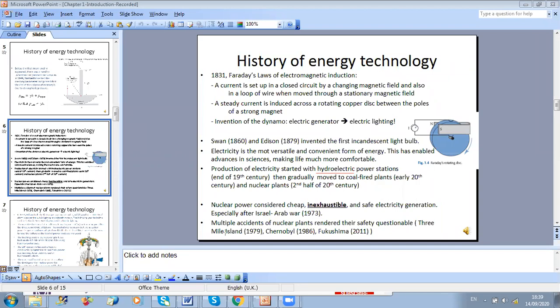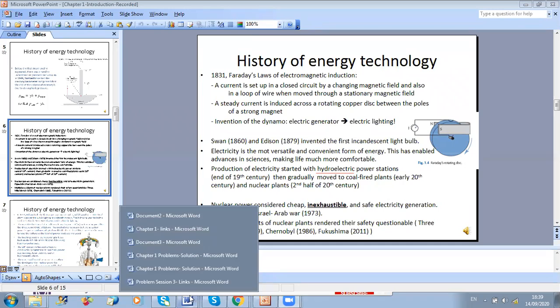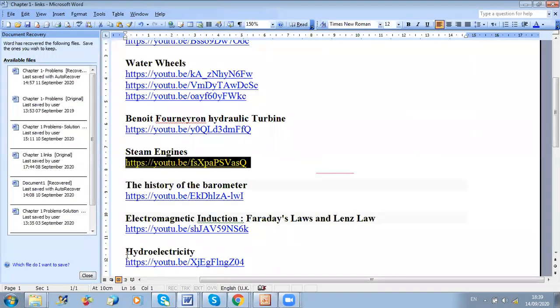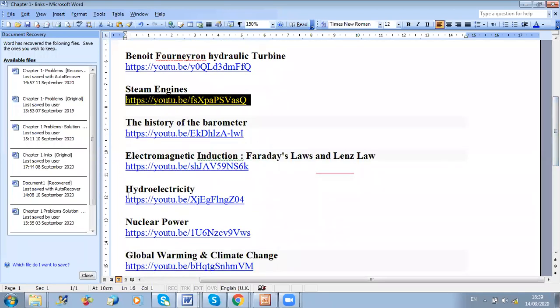We will see together how nuclear power mainly functions, and also how hydroelectric power stations function. So let us look first at hydroelectricity, how we can produce it. It's very simple, and mainly hydroelectricity is very similar to the concept of water wheels.